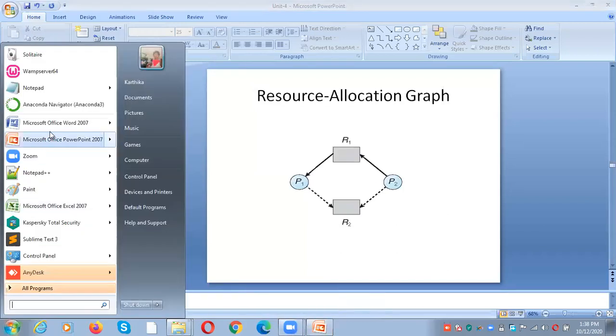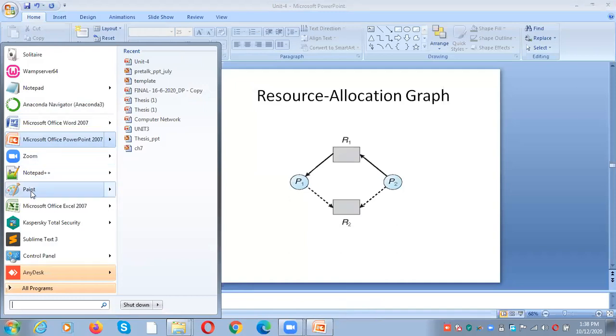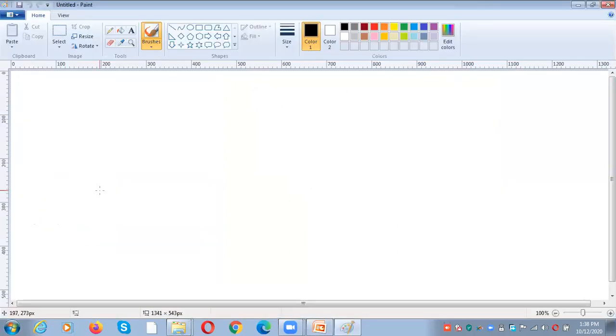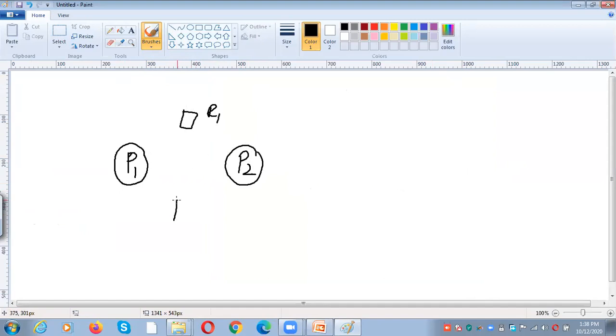Let me explain with the help of paint. Initially there are the P1 process and the P2 process. Only two processes were there, P1 and P2. And then there is a resource called R1, and there is another resource called R2.